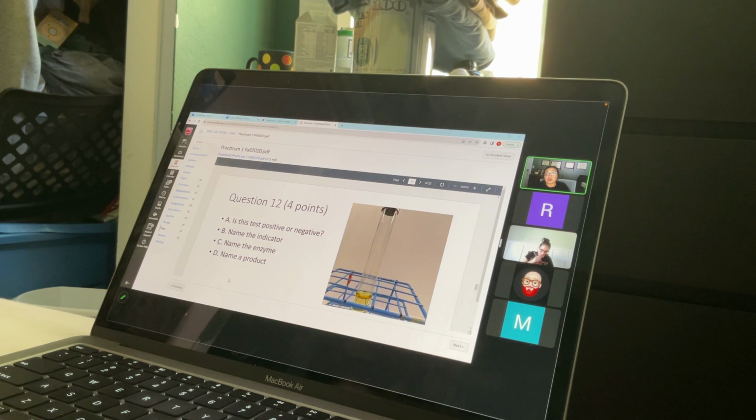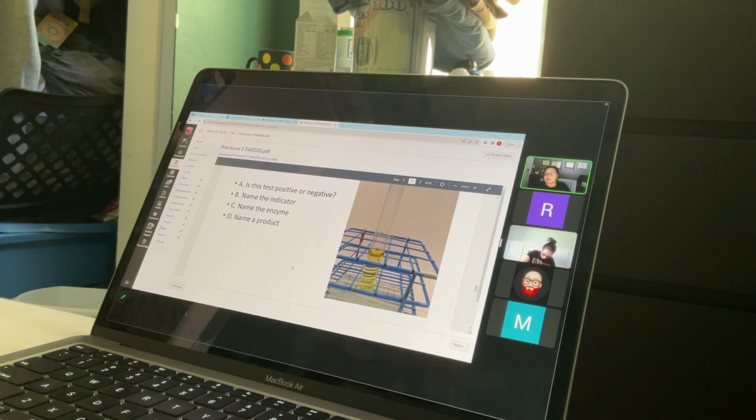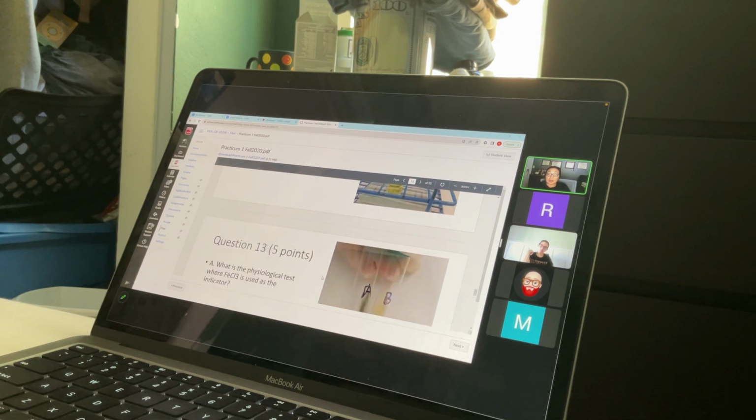So you know one of the products. The product is indole. Okay. The other product is pyruvic acid. So sometimes if you know the name of the test, the answer is in there. Stop me when you have questions, okay?